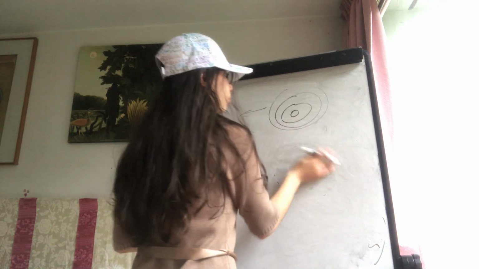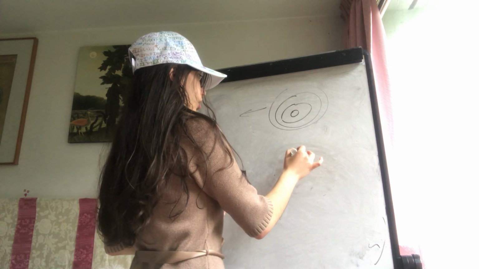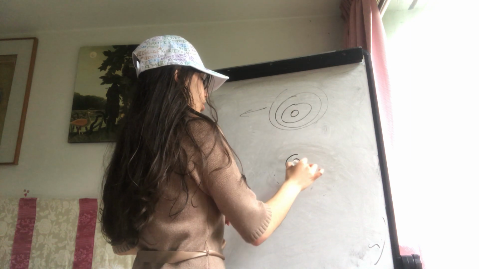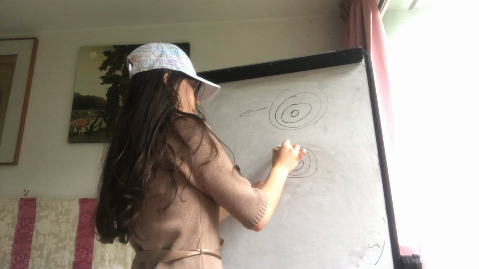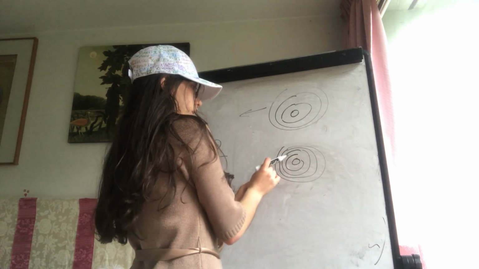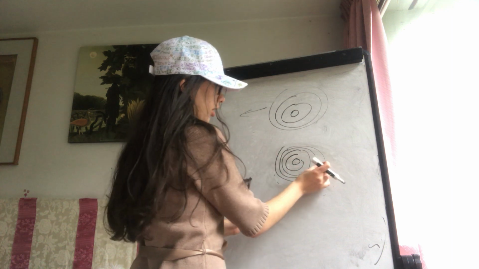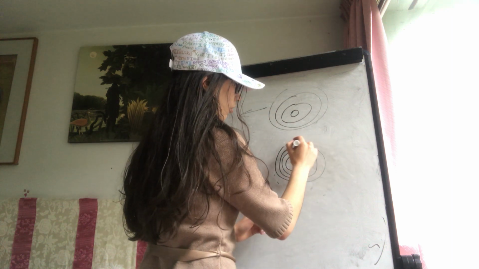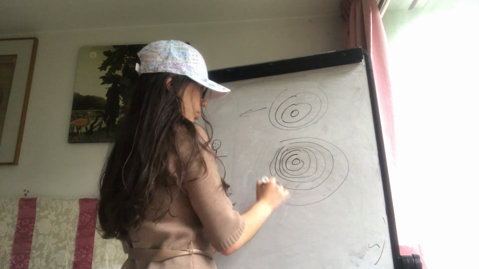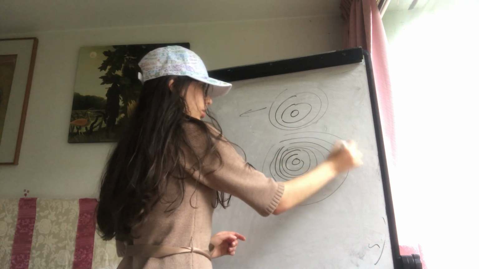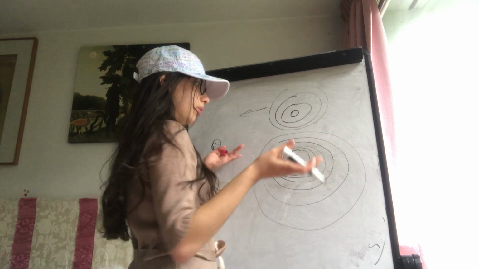So these sound waves are coming together, each time closer, and here they are coming far away, because the source is moving towards here. So we have two different wavelengths.